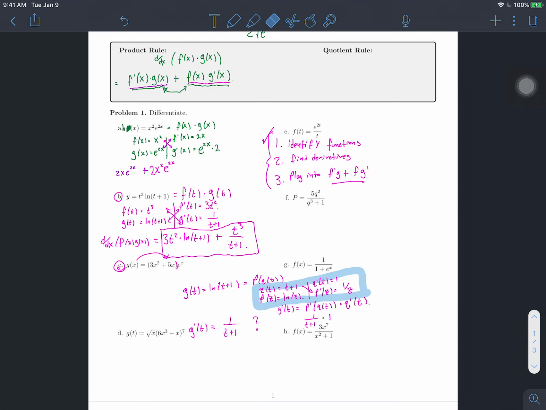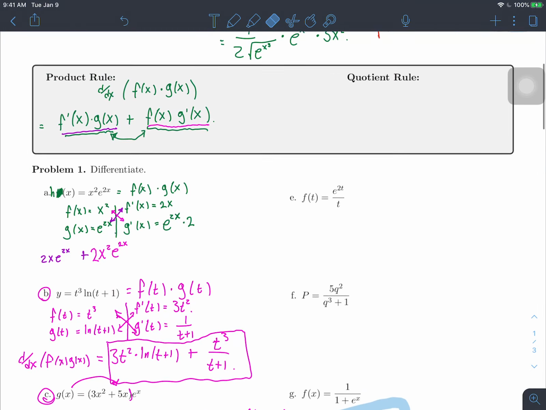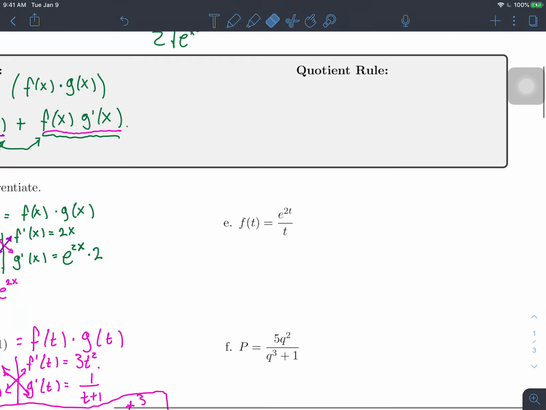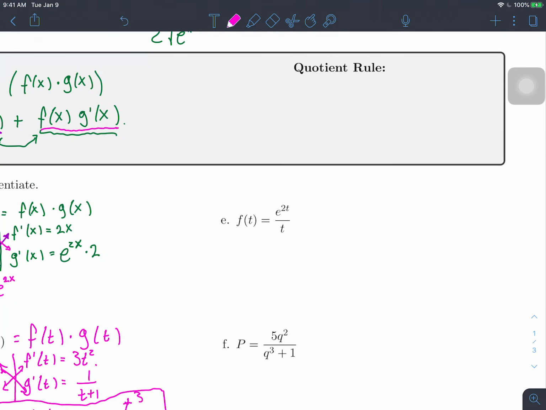All right, I'm going to make a little bit of space here where I originally had my directions for product rule. That's where I'm going to actually do a problem. So I'm going to erase that. And we're going to learn the quotient rule. Quotient should remind you of the process of division, hopefully.